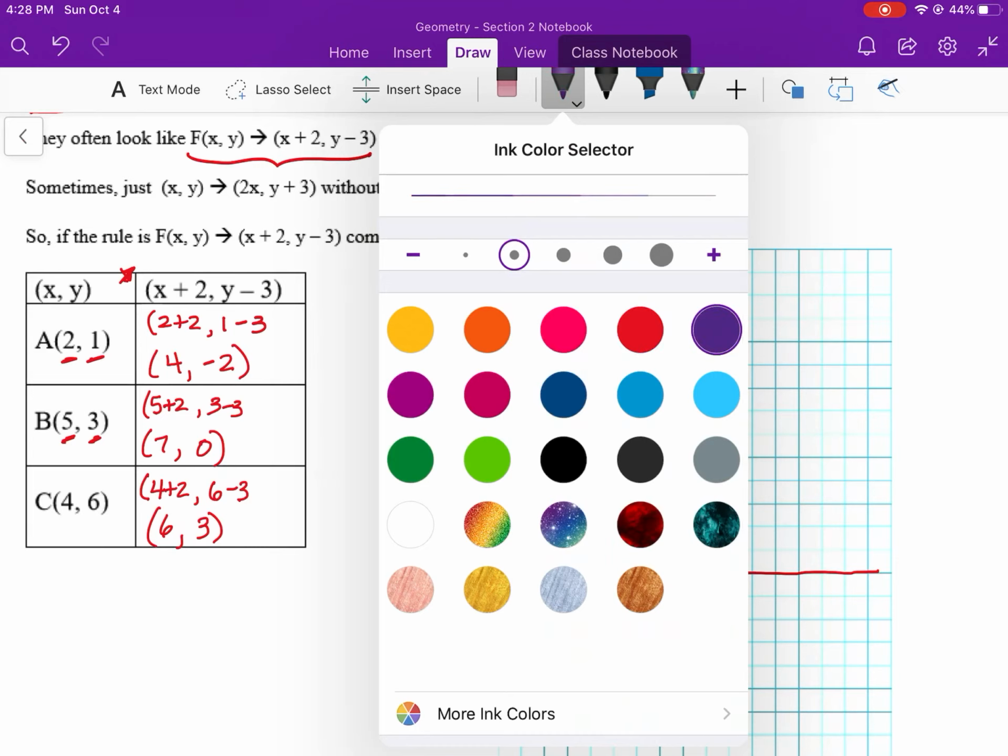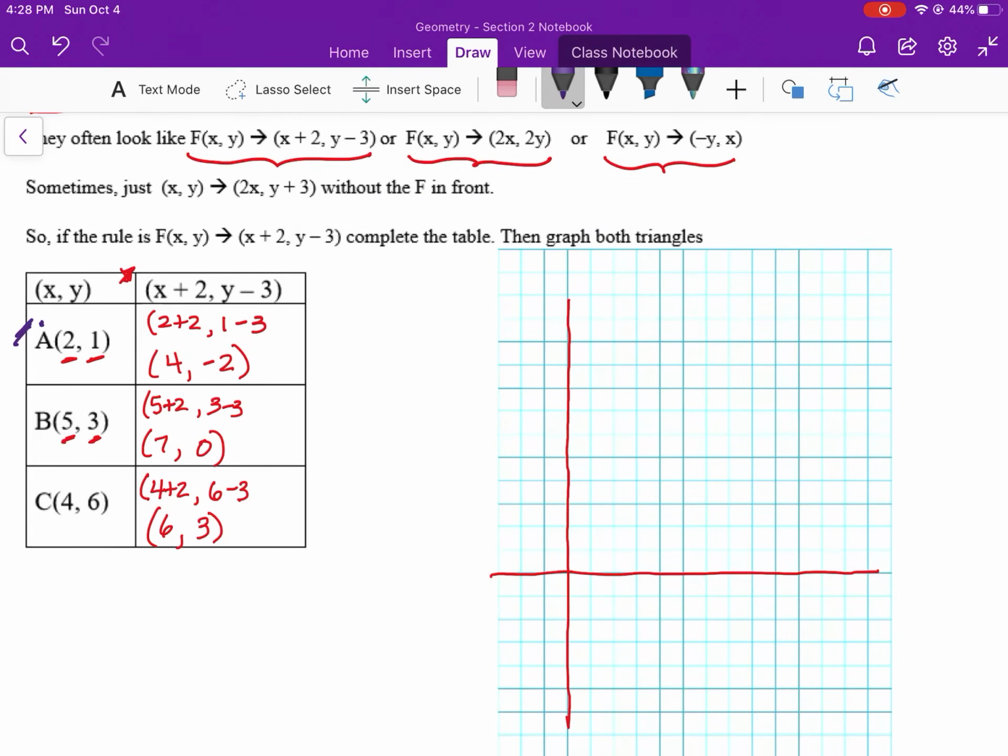So I'm going to make all of these purple. So A is 2, 1. So here's A. B is 5, 3, so 2, 3, 4, 5, and 3: 1, 2, 3. Here's B. And C is 4, 6. So that's 3, 4, 5, 6.